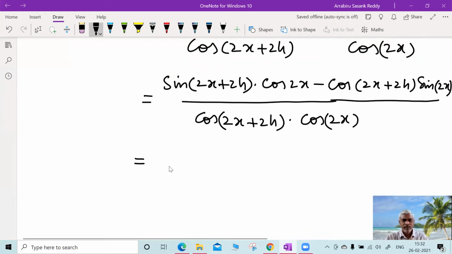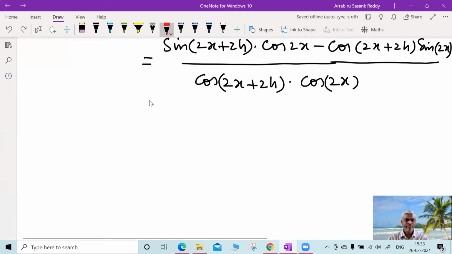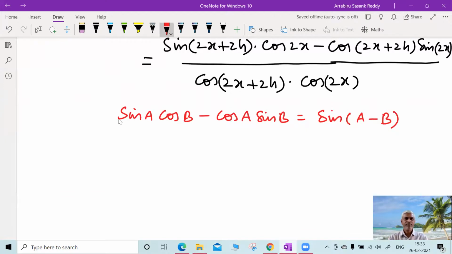So the numerator is in the form of sin A cos B minus cos A sin B, which is nothing but the sin A minus B formula.